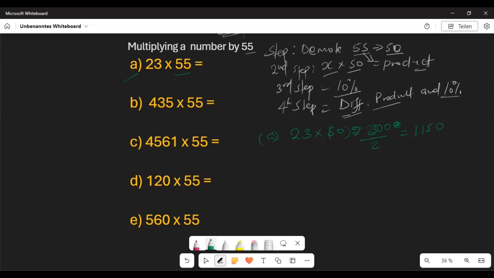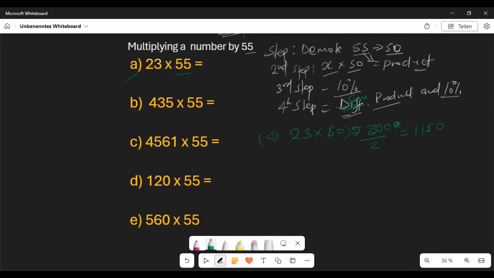Now, in this case, we're not going to get the difference, we're going to get the addition, the sum. Sorry for that. When we're dealing with 45, that's when we get the difference. But when we're dealing with 55, it's above 50, so we get the sum. Now we look at 10%. What is 10% of this number?